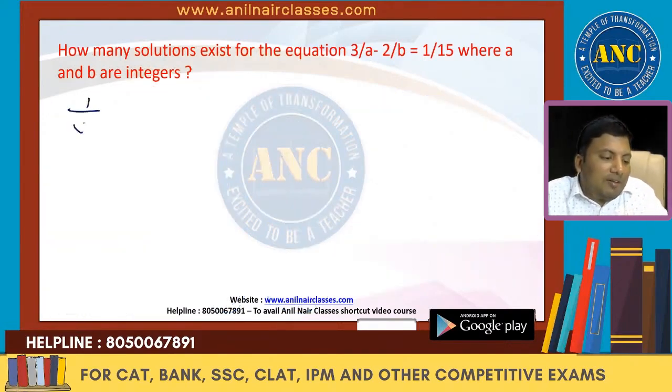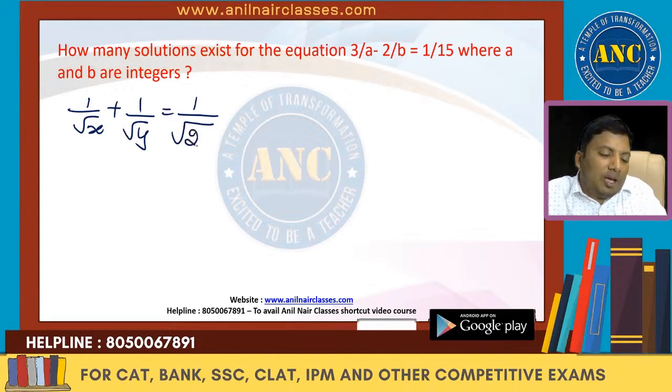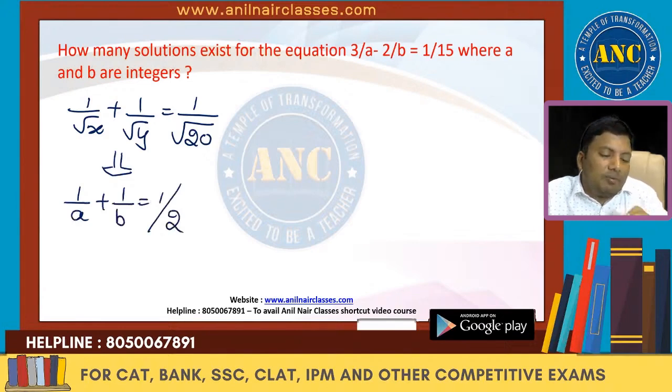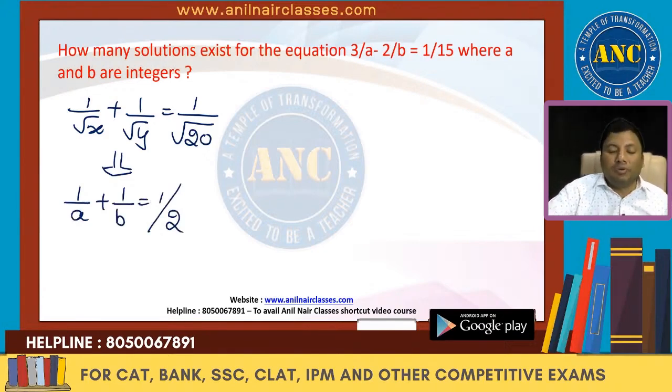Let me solve this for one question, then it will be easy for the next questions. 1 by root x plus 1 by root y equivalent to 1 by root 20. It is nothing but 1 by a plus 1 by b equivalent to 1 by 2. Root 20 is 4 into 5, which is 2 root 5. I removed the third.